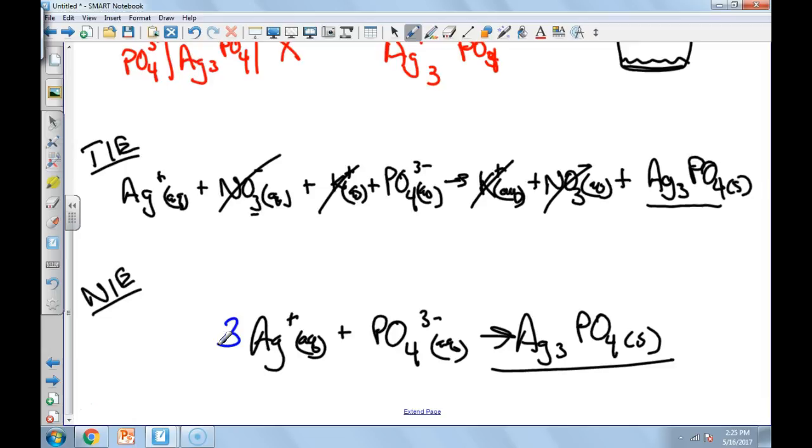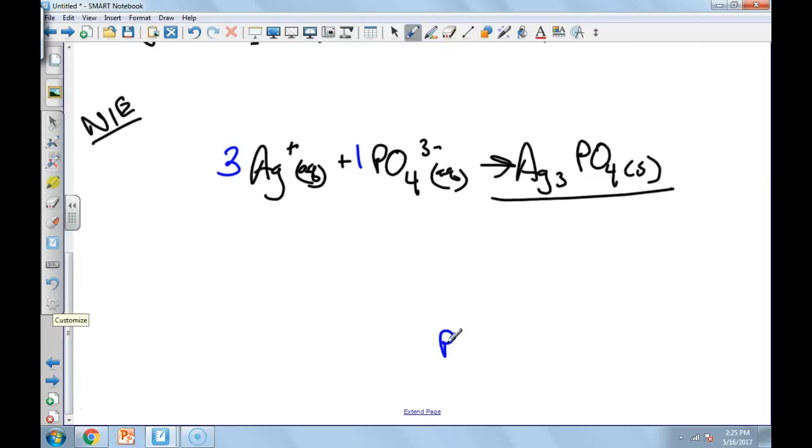Okay, now the next thing that happens is that we have phosphate, and this is where people get confused. We only have 1 phosphate here. Even though there's a 4 down there, there's only 1 phosphate. Remember, phosphate, the polyatomic ion, is PO4 3 minus.